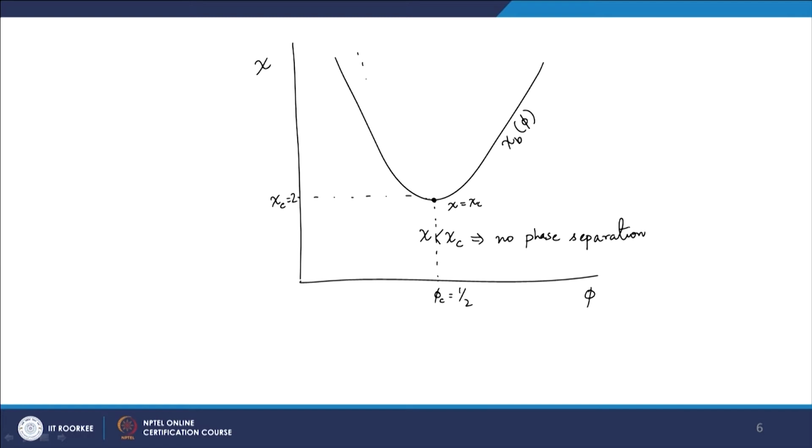So, this is my binodal. Inside this we will have a curve for the spinodal chi s phi, and both of them of course will merge at the critical point.